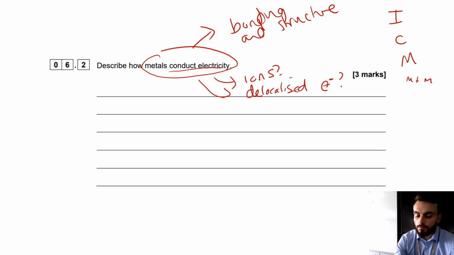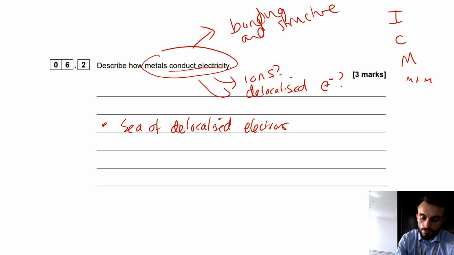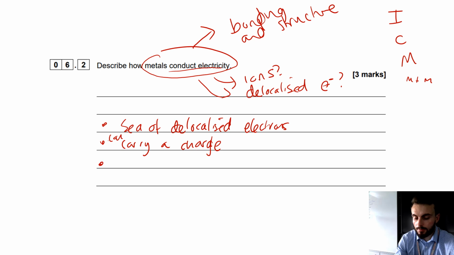So the first thing we can say is that metals can conduct electricity because they've got delocalized electrons, so therefore they can carry a charge, and then this last one, you've got to be careful: through the whole structure.